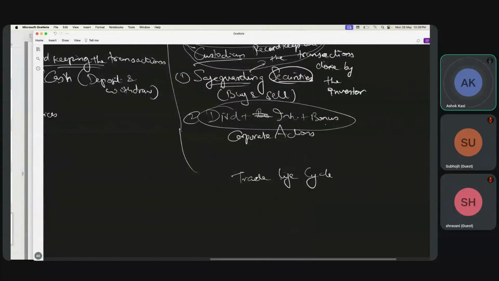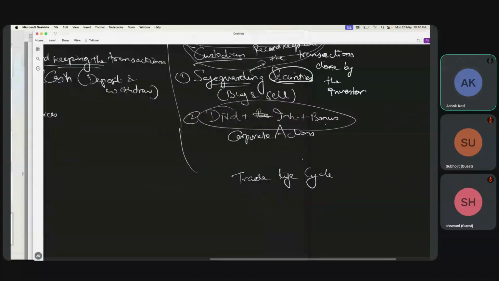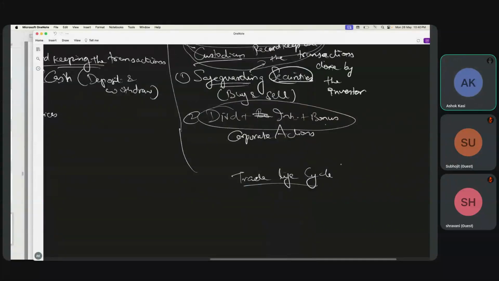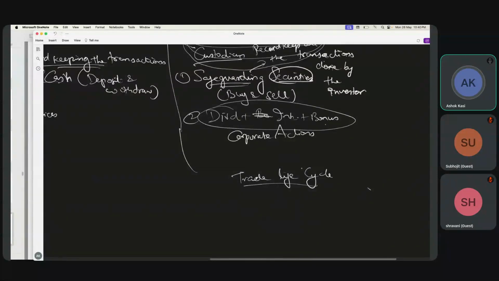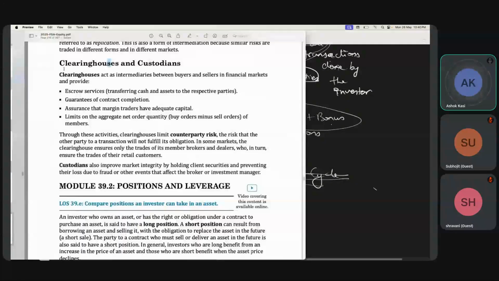But if you have curiosity to know more about clearinghouse, and I'm shortly going to explain clearinghouse now, if you watch this one you will get more ideas about the clearinghouse and custodian connections, all those things. Okay, but it is not required for CFA. Just in case you are curious, you can watch that video. Okay, now coming to clearinghouse.